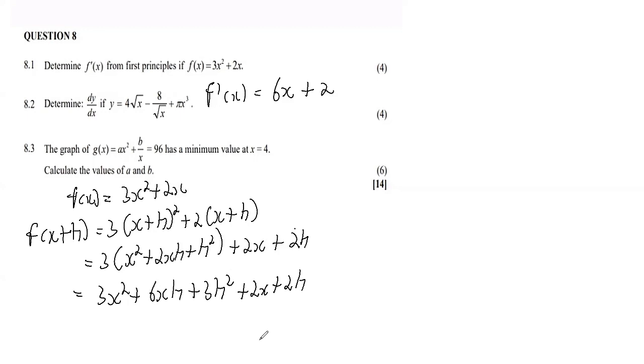So no common factors here. That means you do not add anything up, right? So at this point, we want to solve for our f prime x. We say f prime x is the limit as h approaches 0 of f of x plus h minus f of x, and then over h.